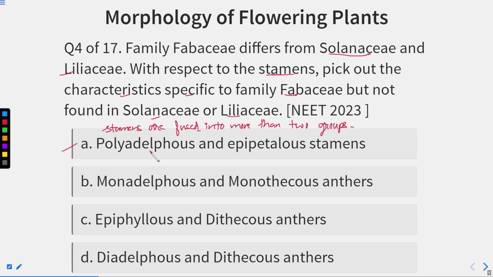This is known as polyadelphous. Epipetalous. What is epipetalous? Where the stamens are attached to the petals. Now monoadelphous. What do you mean by monoadelphous? Where the stamens are fused together and they form only one group.